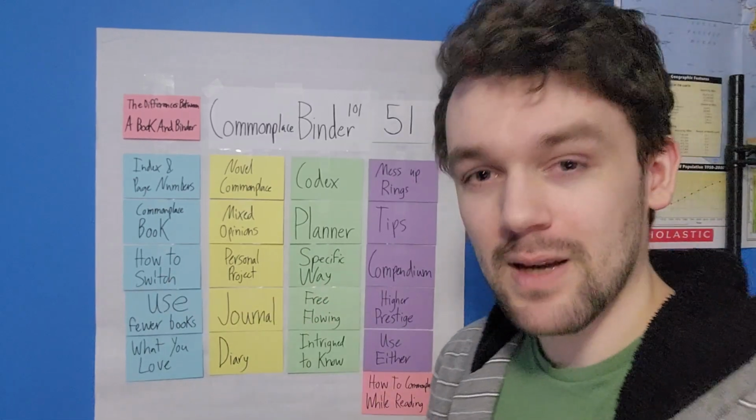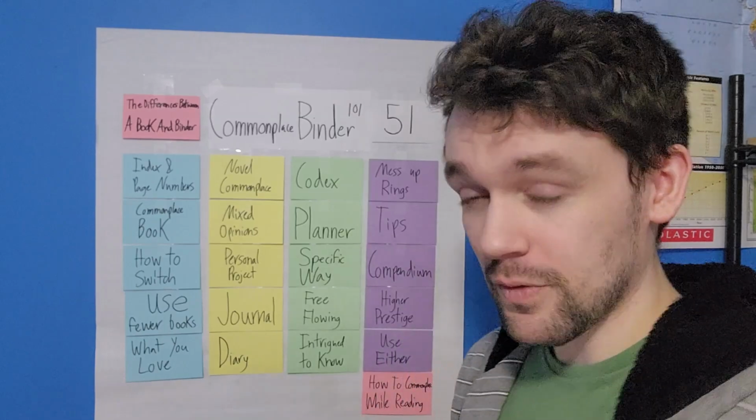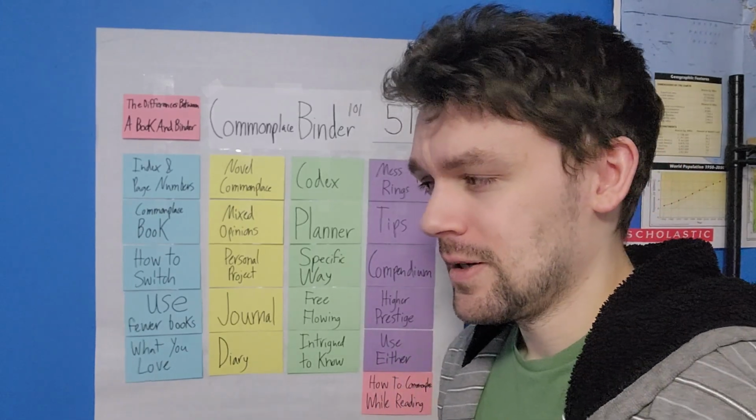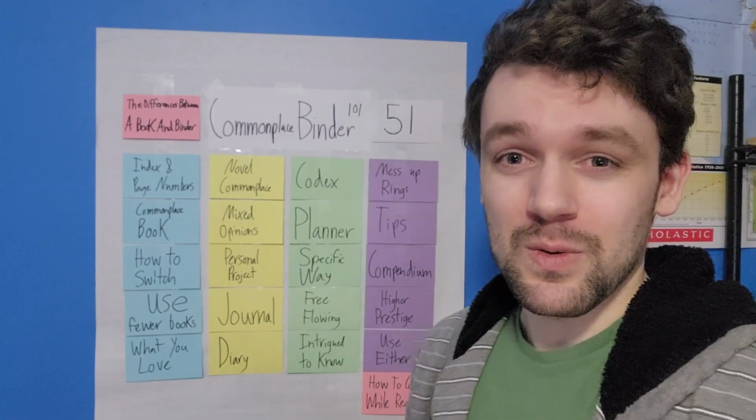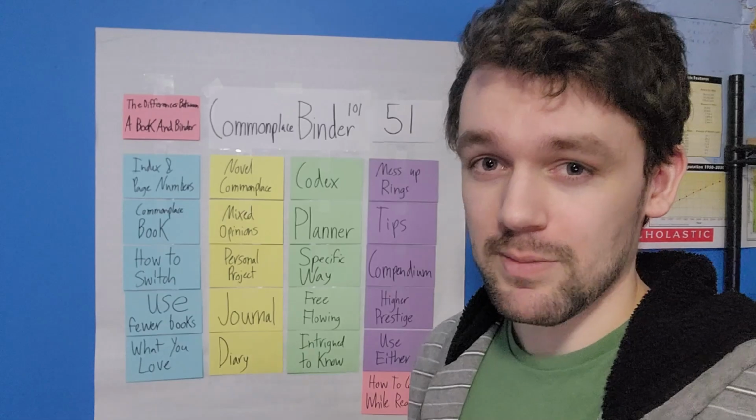So, Commonplace Book. Okay, what is a Commonplace Book? Well, before computers existed, we still needed to write things down. So a Commonplace Book would basically be where someone kept all their notes as their commonplace.